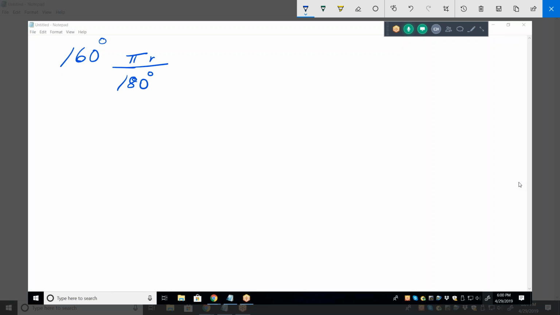And this is pi radians, if you must. It's not actually a unit that is used very much. There's an odd thing about radians that we won't go into. But notice when I am converting this, the degrees cancel, and so what I end up with is 8/9 pi radians.